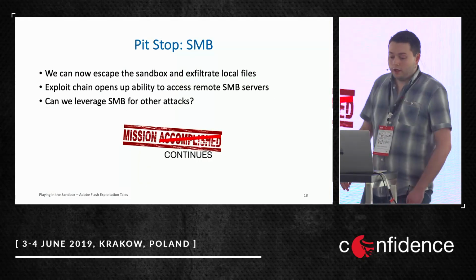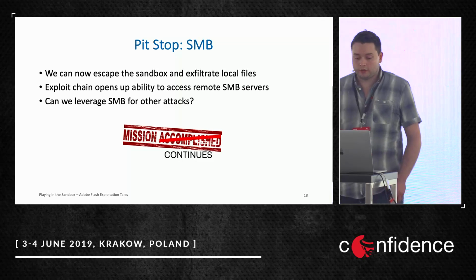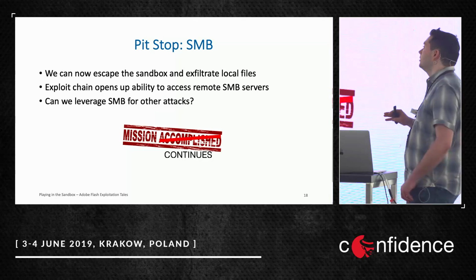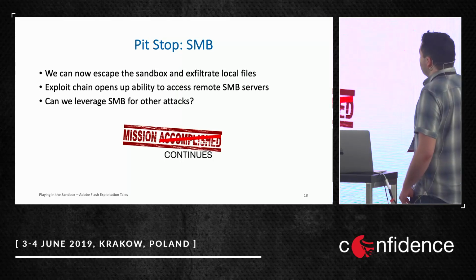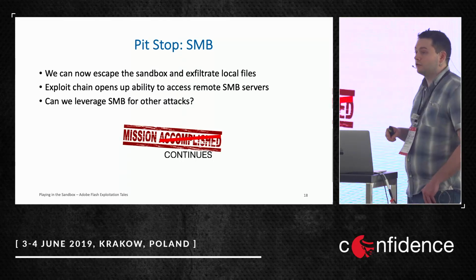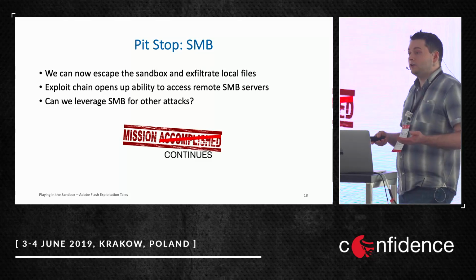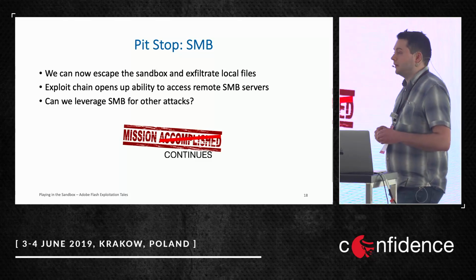Okay, so we can escape the local sandbox, we can exfiltrate local files, but there's something interesting going on here, because apparently we can access remote SMB servers. So for me, that triggered the question, can we actually leverage SMB for other kinds of attacks?